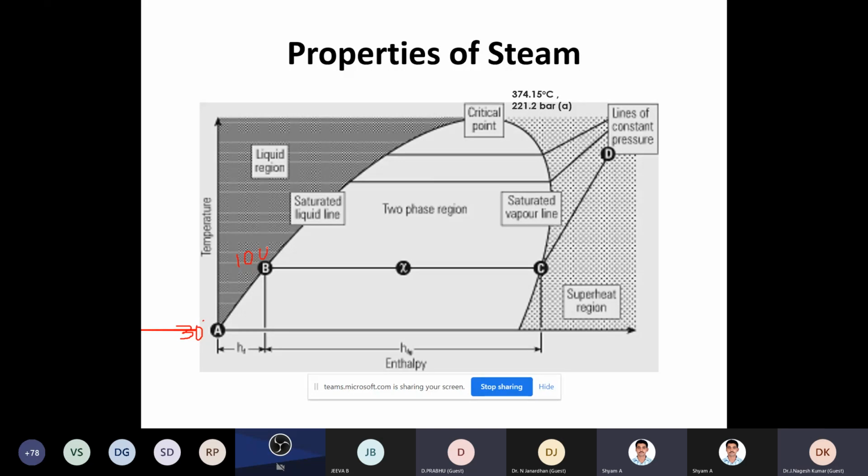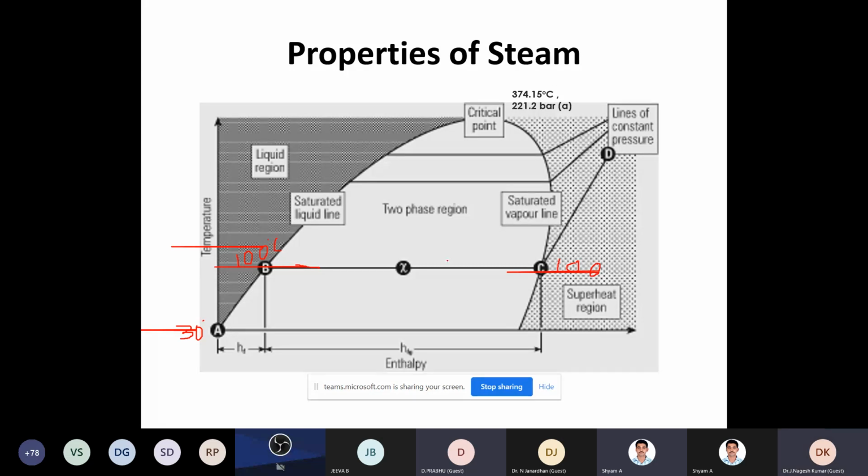So now the temperature is 100 degrees, 100 degree water. If we continue to add heat, then what happens? There is a phase change happening. The water is converted to steam. And by the time it reaches C, it is almost 100% steam. So temperature does not vary. Temperature remains 100.